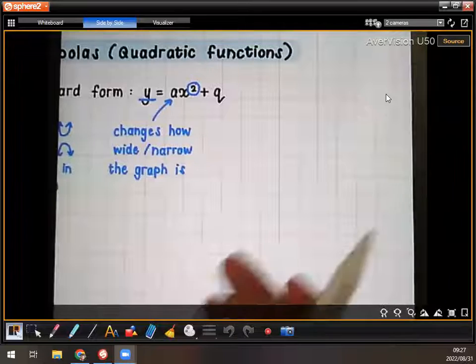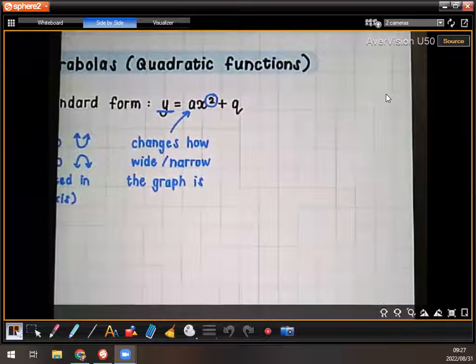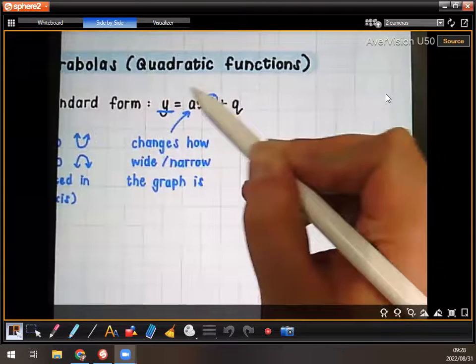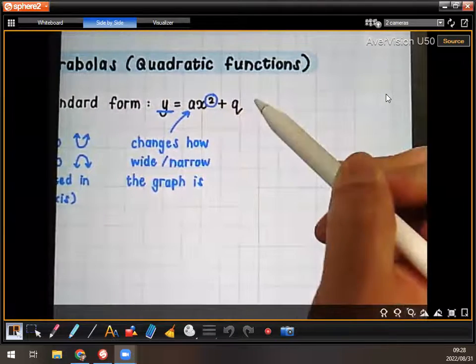Because how do you find the y-intercept of any graph? Say you forget how to find it just by looking at the equation. How do you actually calculate the y-intercept of any graph? By making x equal to 0, right? Do you remember that? The y-intercept of a graph is where x is 0. So guys, if I make x equal to 0, what is this whole term? 0 plus q, right?